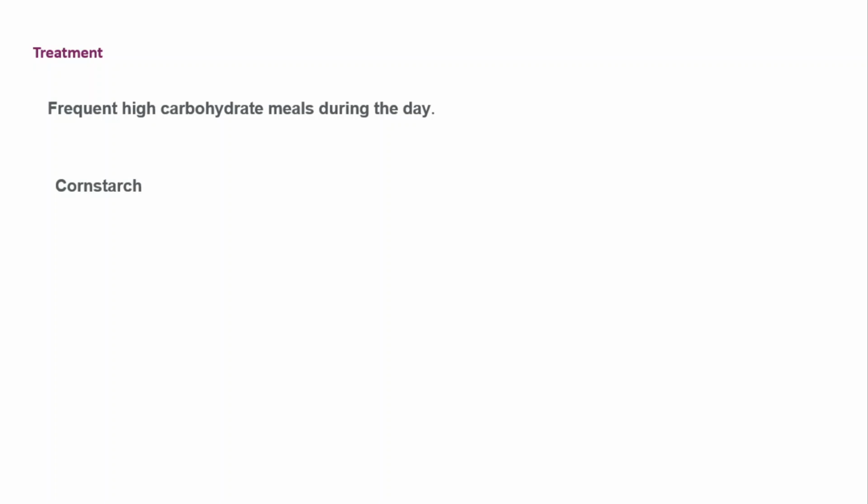Low doses of meals will be given to the patients here. And cornstarch, which is a composition of glucose, will also be used for the treatment, right? So these are a few treatments for glycogen storage disease.